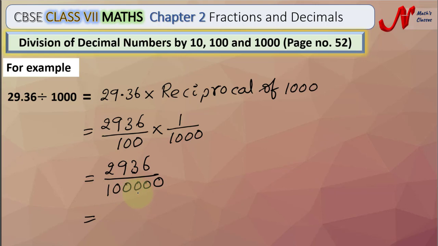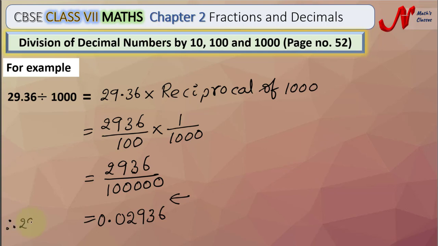In denominator we have 5 zeros. So in final result, we keep the decimal point from right to left after 5 digits, but here we have 4 digits, so we keep 1 zero and keep the decimal point.